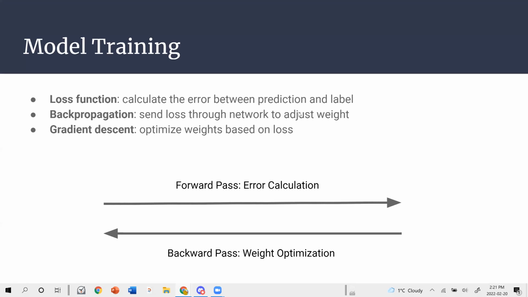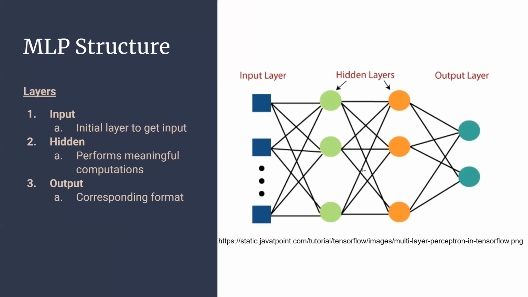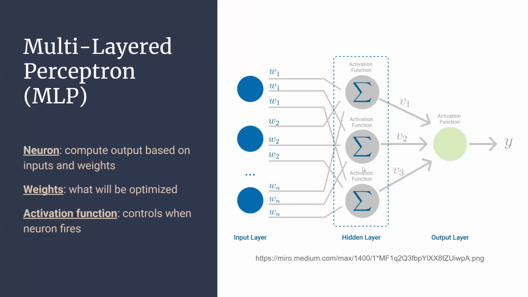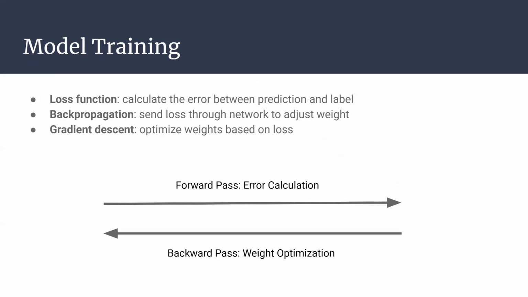So that was the model, right? We know what kind of model we want to train, and now we move on to the training. Just to give you an overview, there's a loss function that you use to calculate the error between the prediction and your label.